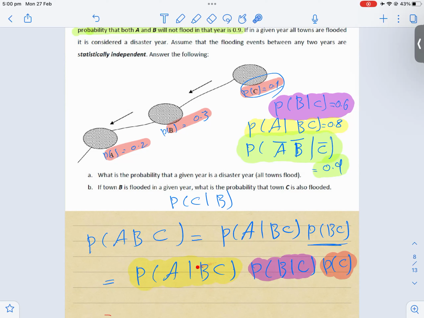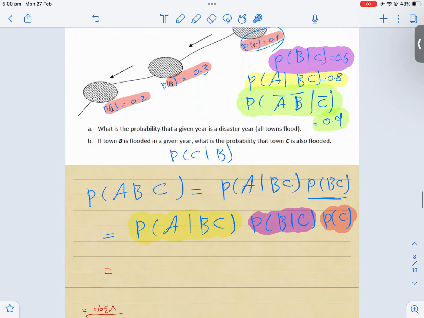Probability of A given BC, the yellow part, is given here. Then probability of BC: again, I will use conditional probability. Probability of B conditioned on C times probability of C.